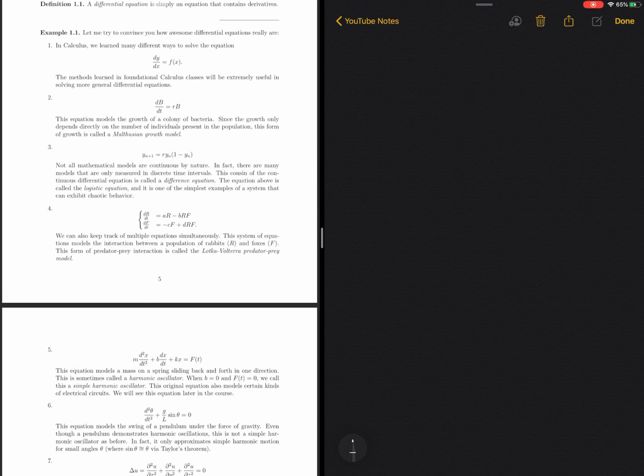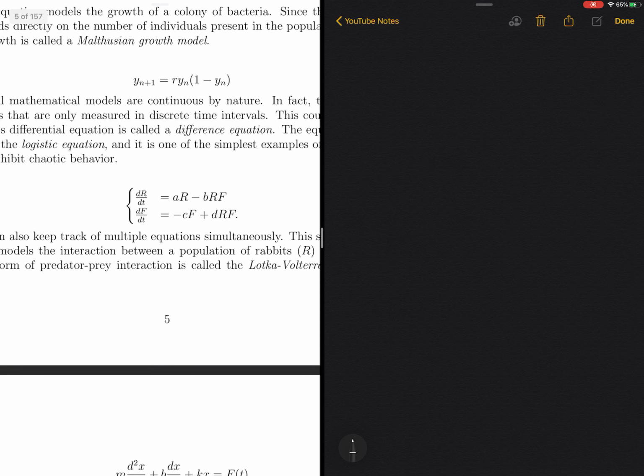Differential equations can also model multiple objects at the same time. A very popular predator-prey model was proposed by Lotka and Volterra. That would be what would it be? This would be a father-in-law and son-in-law relation, if I remember correctly. Let's see. The idea is that you could model how different populations influence one another.